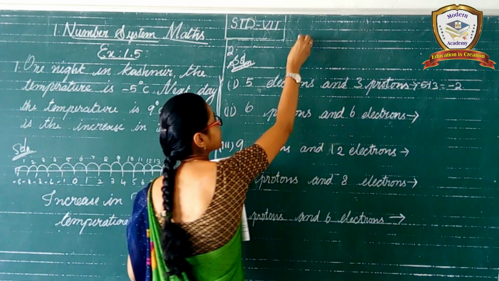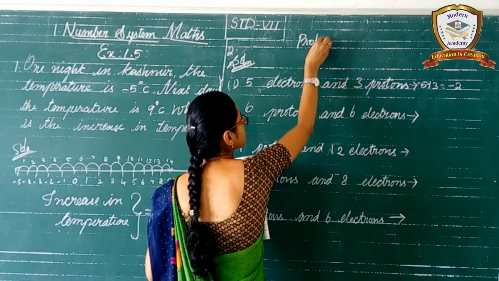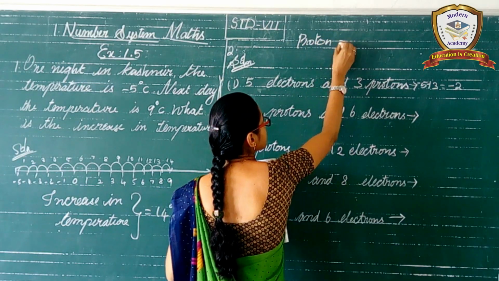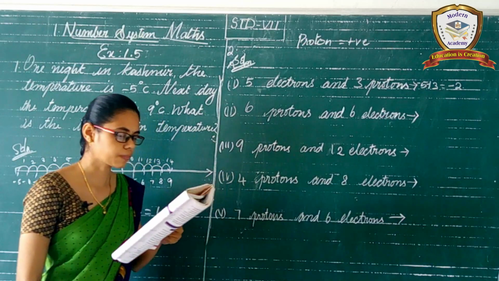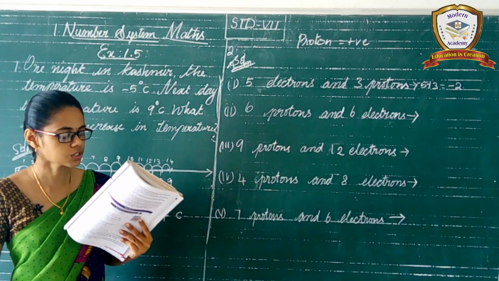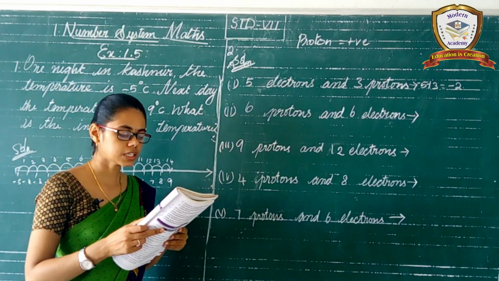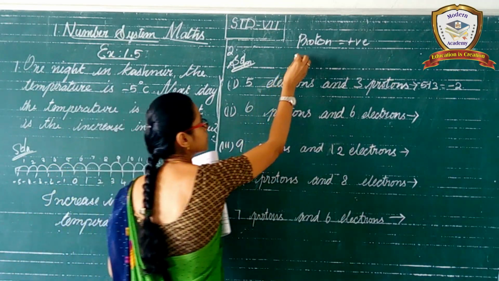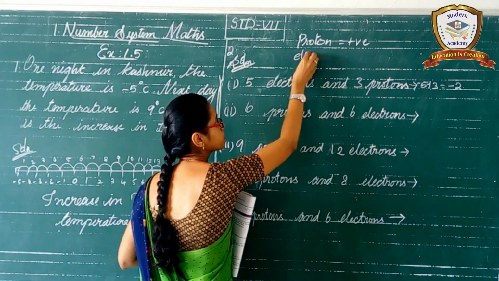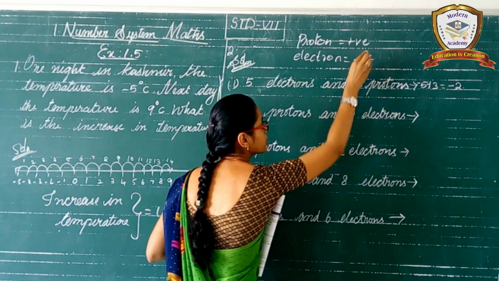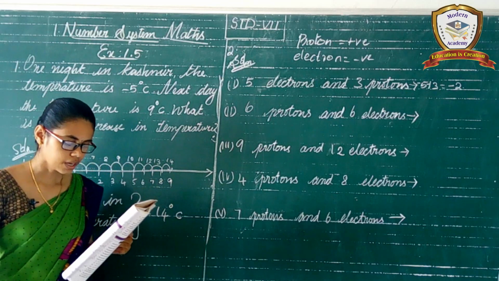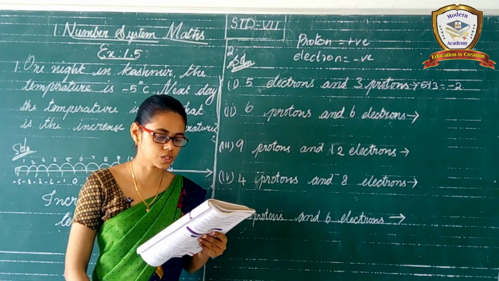So I write here, proton is a positive charge, which means plus. And next, electrons which have a negative charge. See, electron is a negative charge. Okay, electrons are a negative charge.